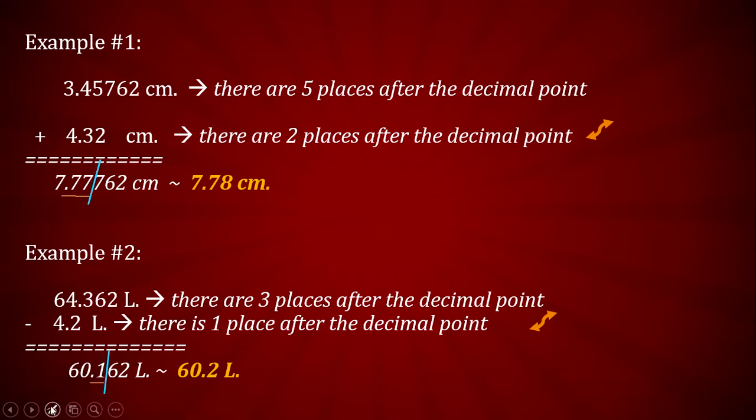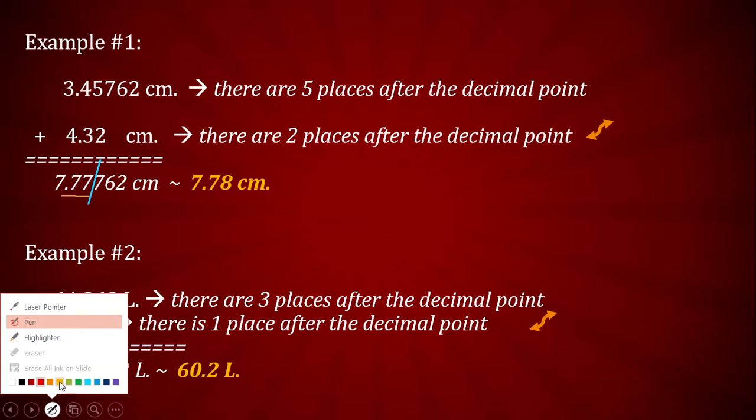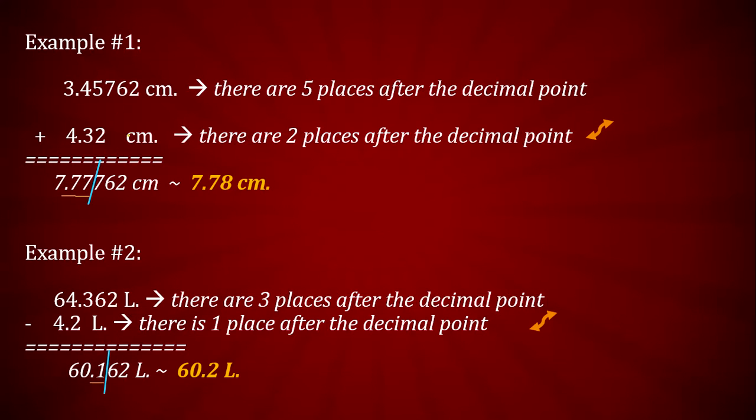Example number 1. We will be doing an addition. So I have two measurements here, 3.45762 centimeters and 4.32 centimeters. We have to add them. To make the work easy, we first do the calculation.